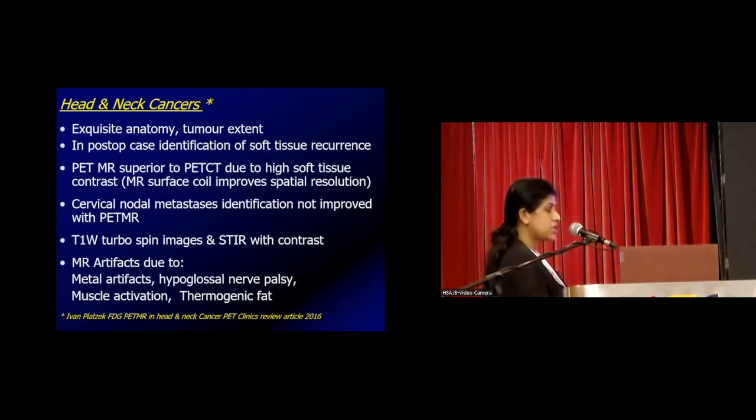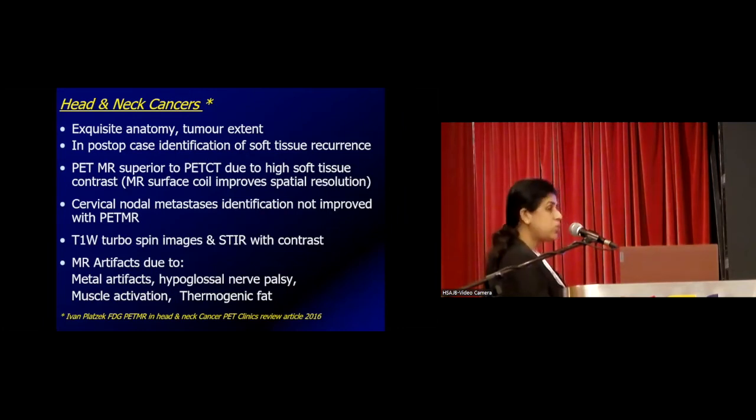We have already discussed that MR has problems in identification of the tiny cervical nodes, which can be improved with the FDG. So with the excellent PET-MR images, all the lymph nodes in the head and neck malignancies can be easily identified by FDG PET, because we do not rely only on the size criteria.